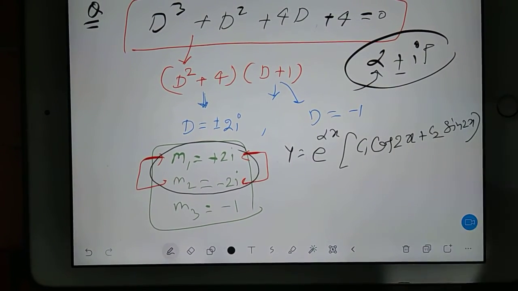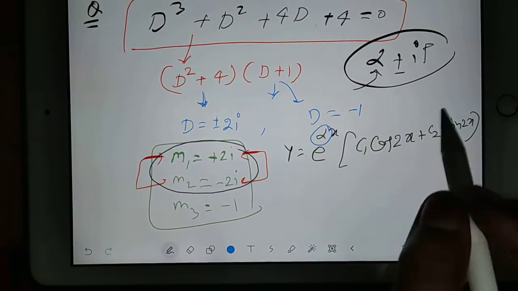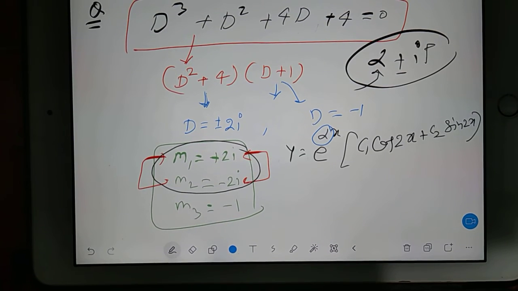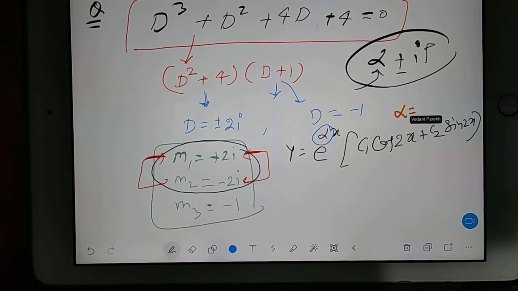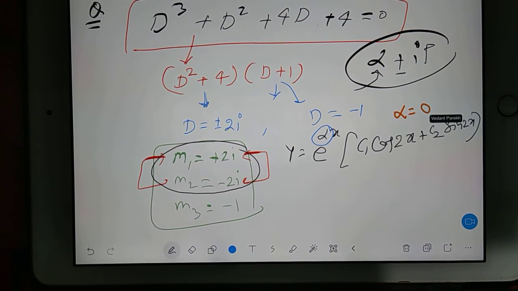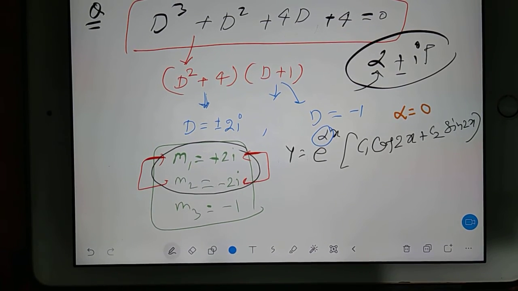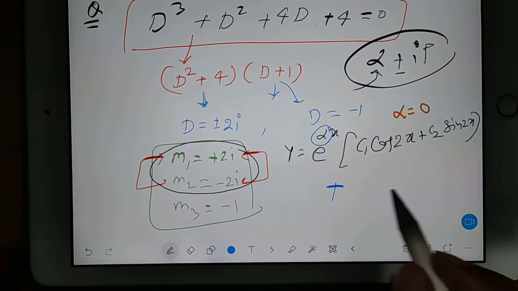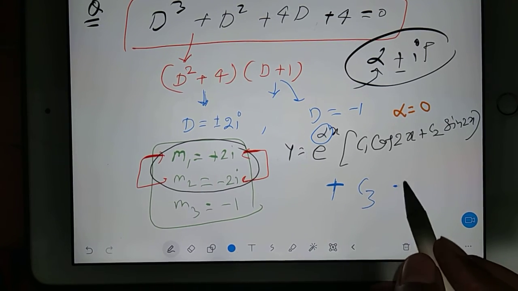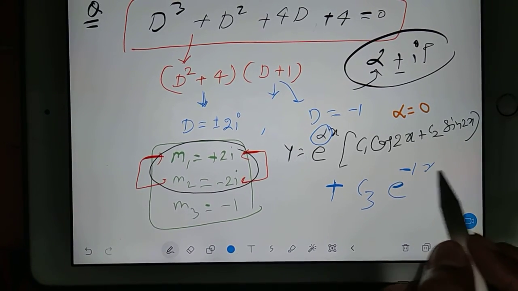C1, C2 done. But you have to put the alpha value as 0. Don't be confused here. That's all. Then we can find our remaining answers. Plus you have to add C3 e power minus 1x.